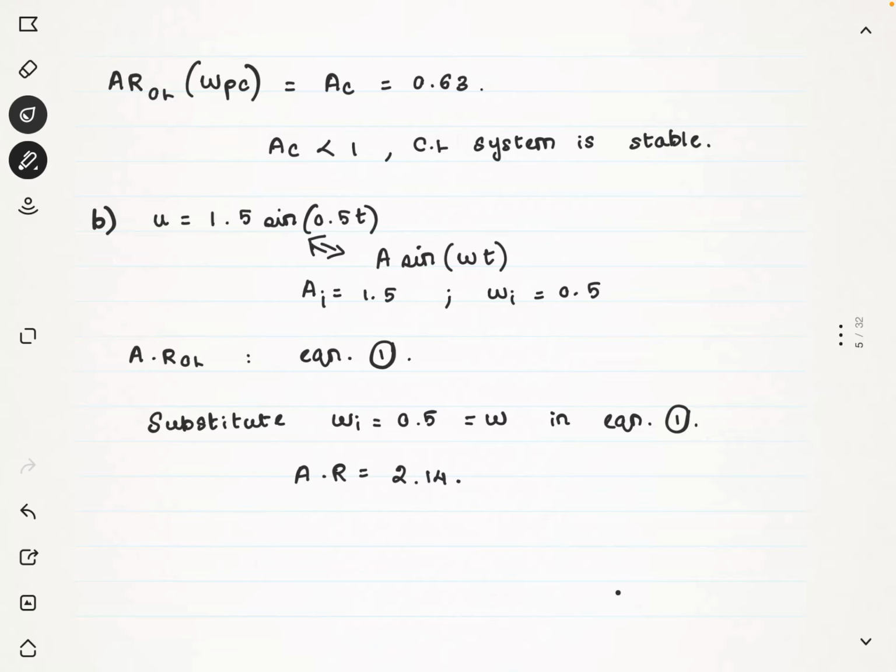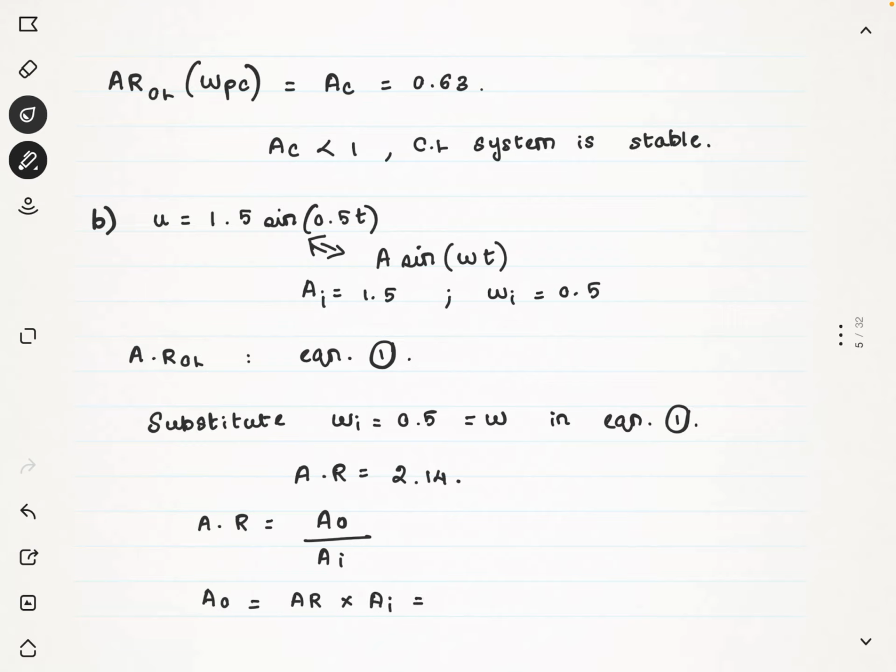2.14. Amplitude ratio is nothing but the ratio of the output amplitude by the input amplitude. Amplitude of the output signal by the amplitude of the input signal. And the amplitude of the output signal is the amplitude ratio into the amplitude of the input signal.